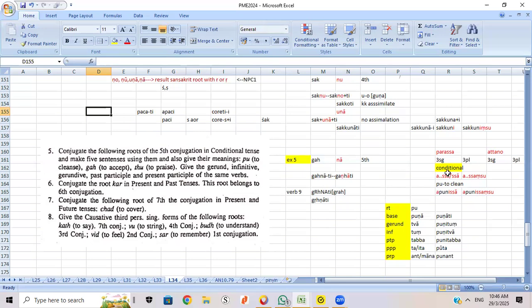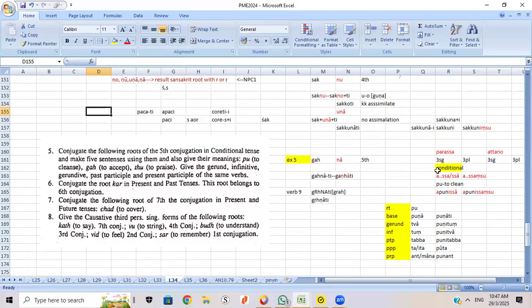In the conditional tense you have to add R in front, just like A Aries, and the ending is SSA, or SSA with a long A for the plural. All right. If you take the first one, I take the ga. Can you see, the ga plus the na, fifth conjugation, ga plus the na.